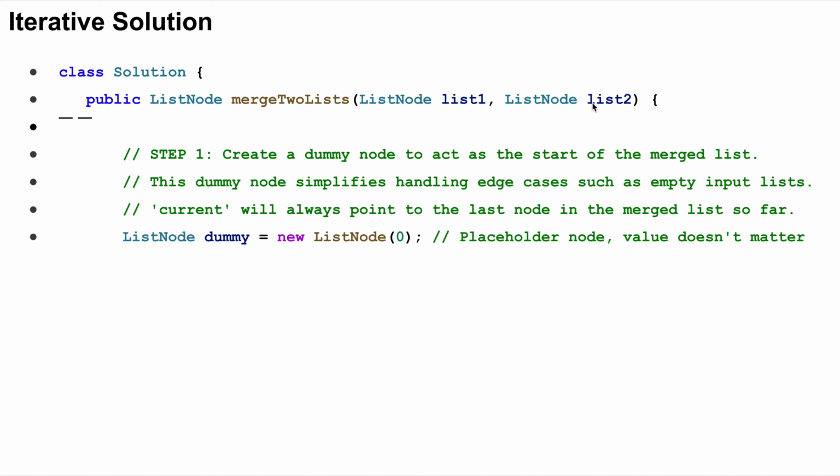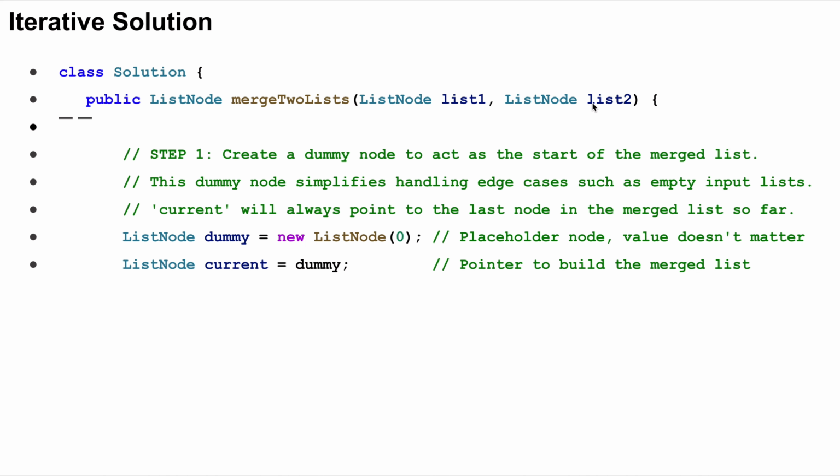So first of all, the placeholder node value doesn't matter, but you can directly write ListNode dummy equal to new ListNode, and we'll add 0 in the node. Then, as you remember, if dummy has data, we will do dummy.next and return it.